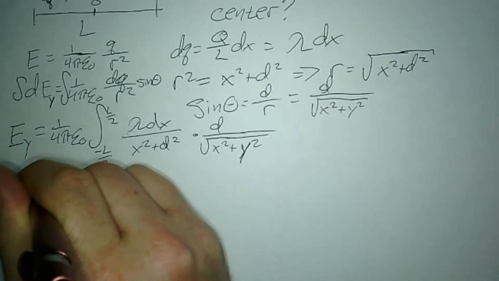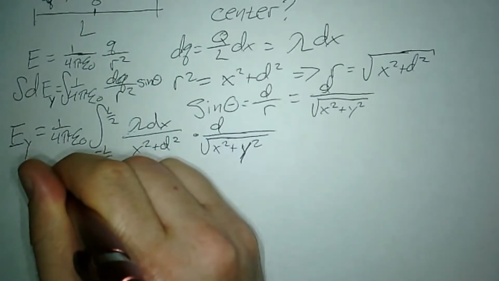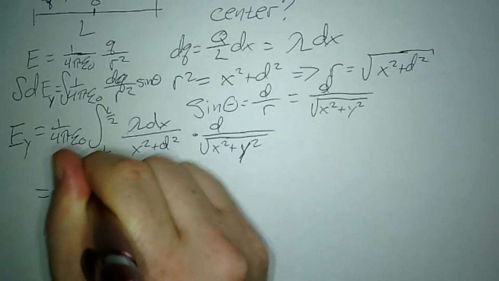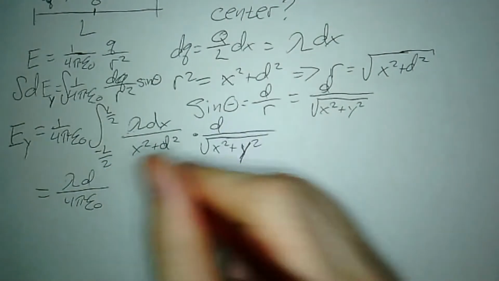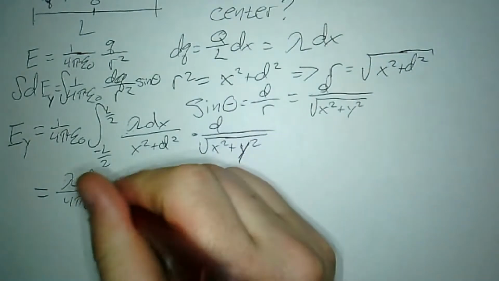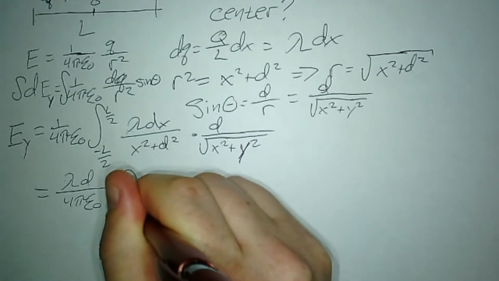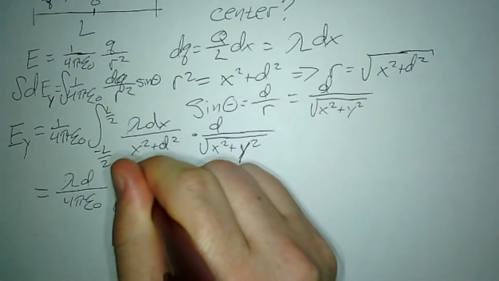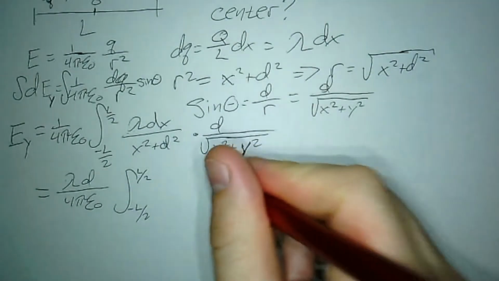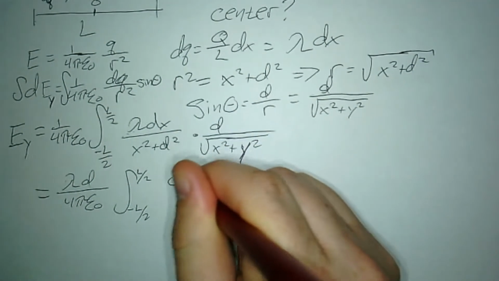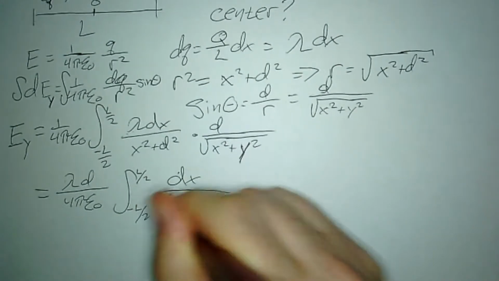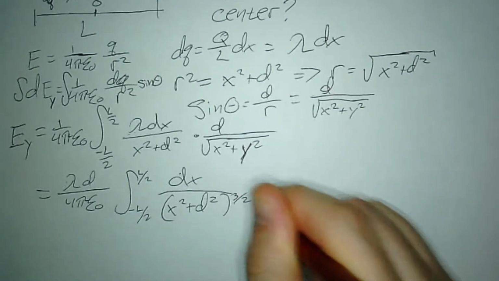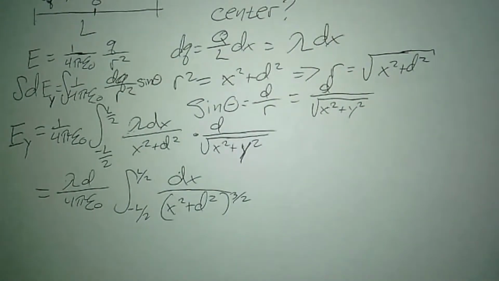So I'm going to say then that I have lambda d over 4 pi epsilon naught times the integral from minus L over 2 to L over 2 of dx over x squared plus d squared, but that is raised to the 3/2.